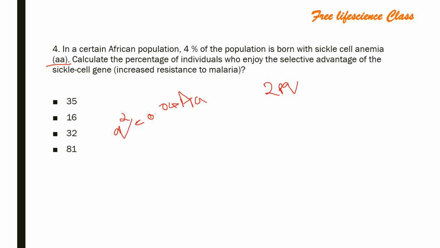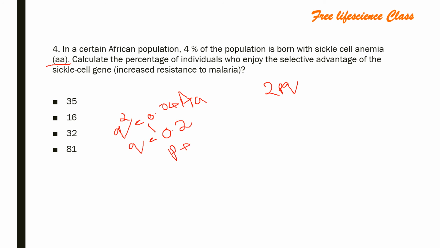Now we get q square and we have to calculate q. So the root of q square is the root of 0.04, and we will get 0.2. So the answer is 0.2 for the q allele. And now we have to calculate p.